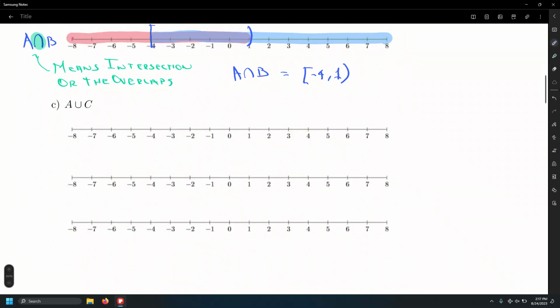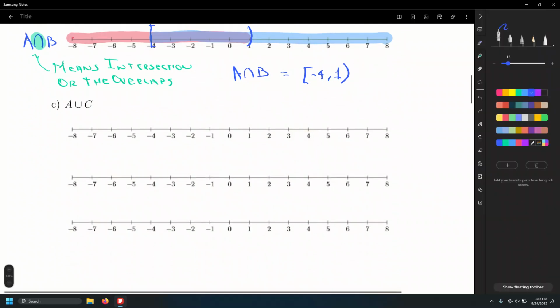For letter C, we start by shading the two sets A and C individually, and then we will put them together. So that's A, that's C, and then A union with C. Then we'll see what happens in this case. All right, so let's see. A, which in this case is all the numbers greater than or equal to -4. That is, okay, bracket, and then to the right, I'm going to shade with blue.